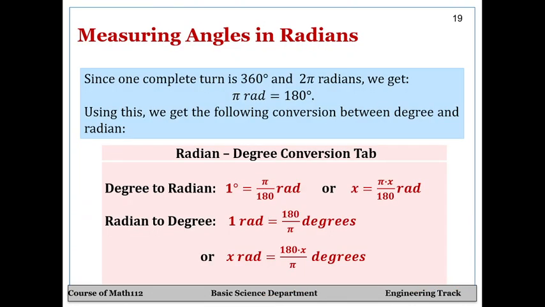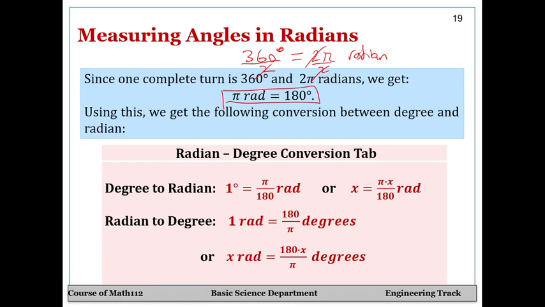Now we will try to convert radians to degrees and degrees to radians. We always start from one turn in degrees is 360 degrees, and one turn in radians is 2 pi. Now by using this, you can divide by 2, so you get pi radians equals 180 degrees.